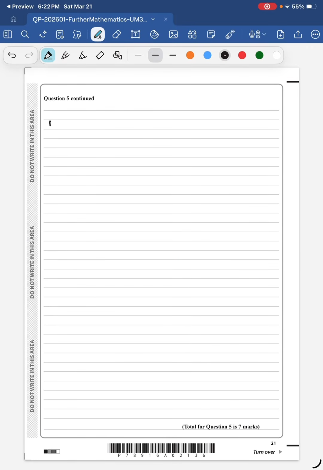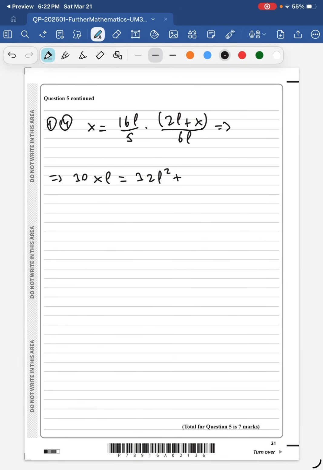Okay, so if we use 1 and 4, we have x is 16L over 5 times (2L plus x) over 6L. So we have 30xL becoming equal to 32L squared plus 16xL.